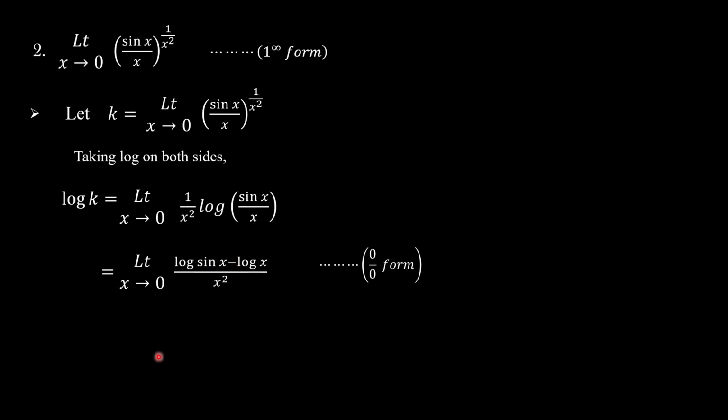Therefore, log k is equal to limit x tending to 0 of the differentiation of log sin x, which is 1 by sin x into cos x, minus the derivative of log x, which is 1 by x, divided by the derivative of x square, which is 2x.